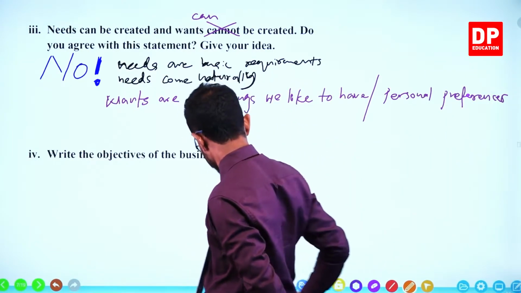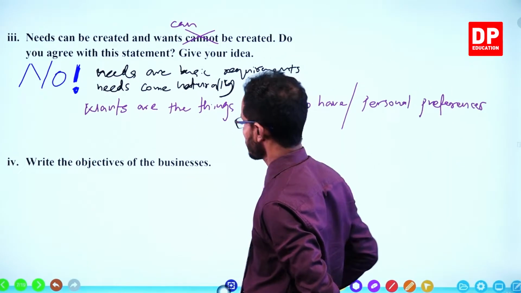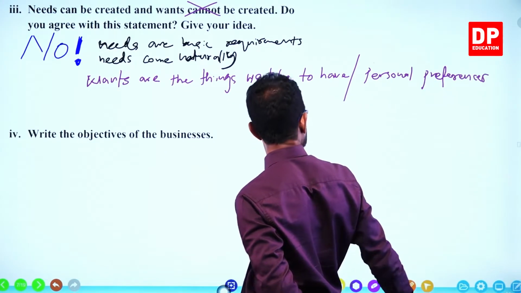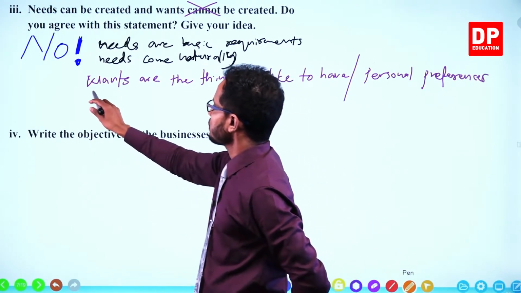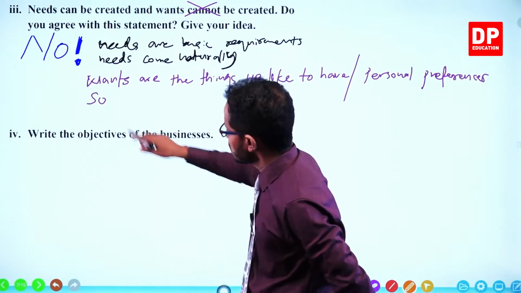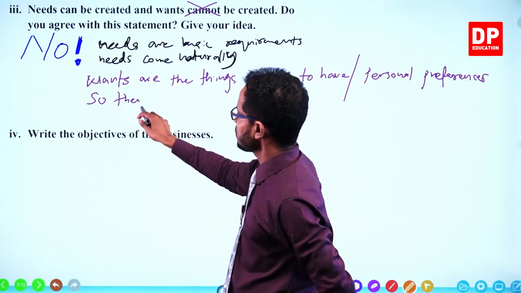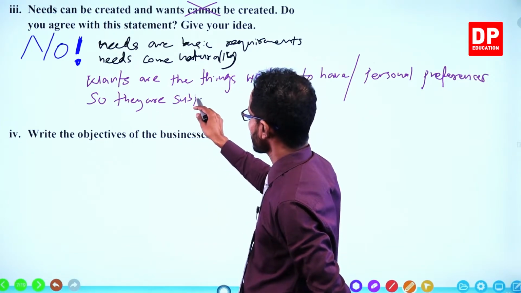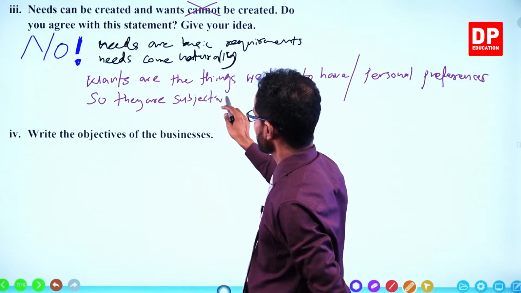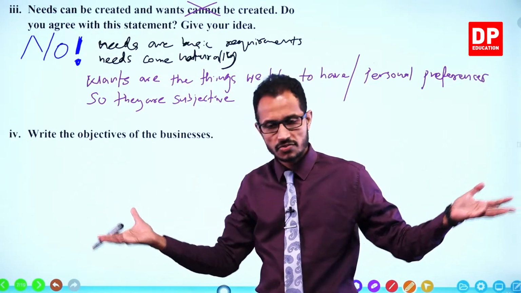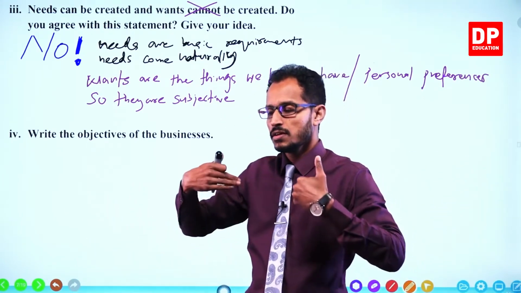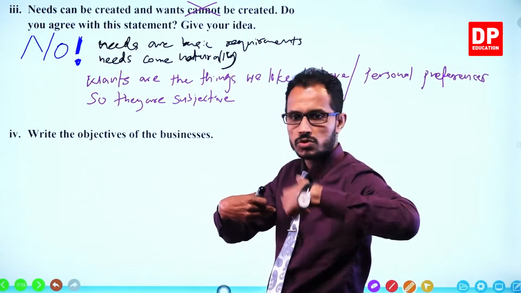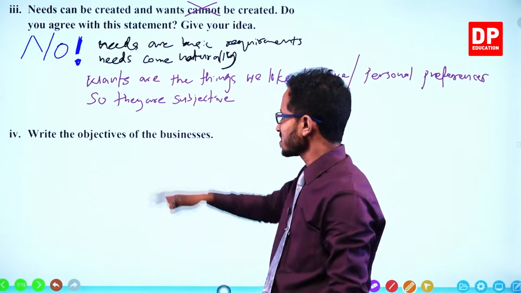So they are subjective, from subject to subject. Wants are different. If I take myself as one subject and I take you as another subject, our wants are different. They are subjective.